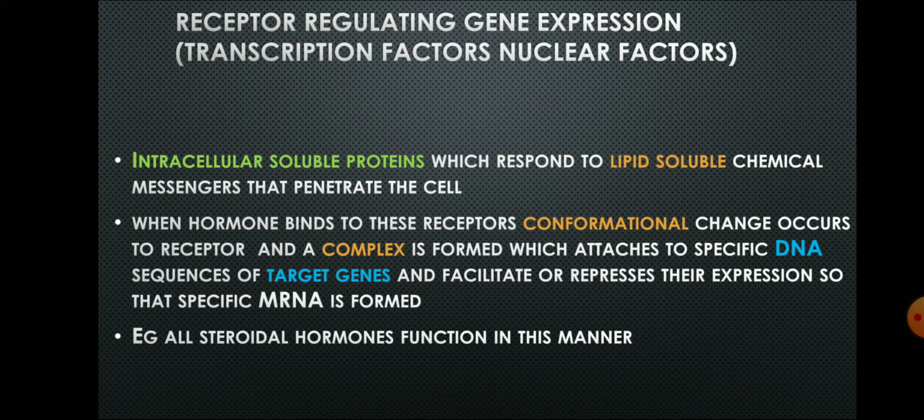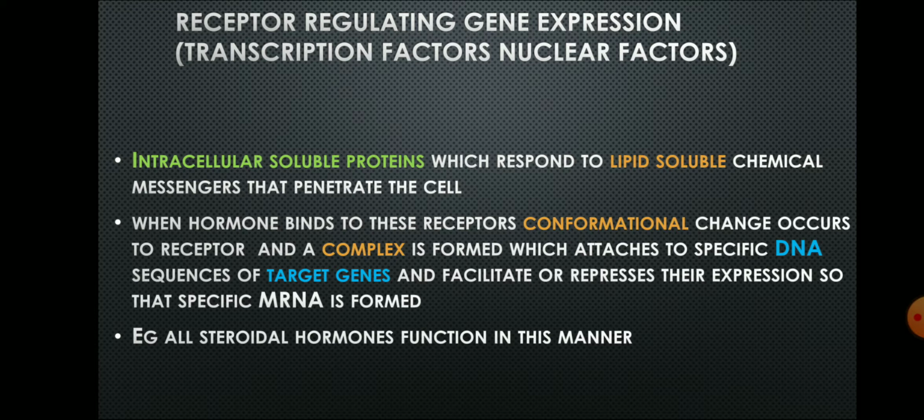Okay, so these receptors are nothing but intracellular soluble proteins. So these are present intracellularly. The other receptors we saw were present on the membrane, right? Now these receptors are differently located. These are located intracellularly. These are soluble in the cytoplasm.